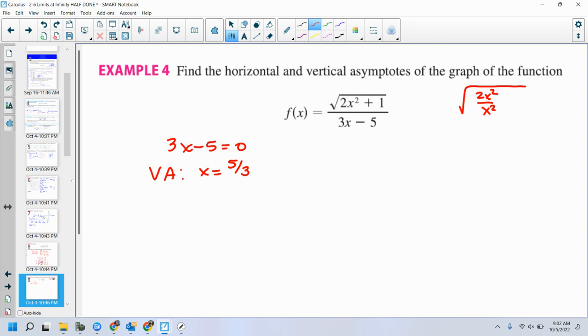Now, here's the deal. To do that, I'm actually going to be dividing by just x. Let me show you what I mean. Let's divide each piece by just x. 3x over x minus 5 over x, 2x squared plus 1 over x.